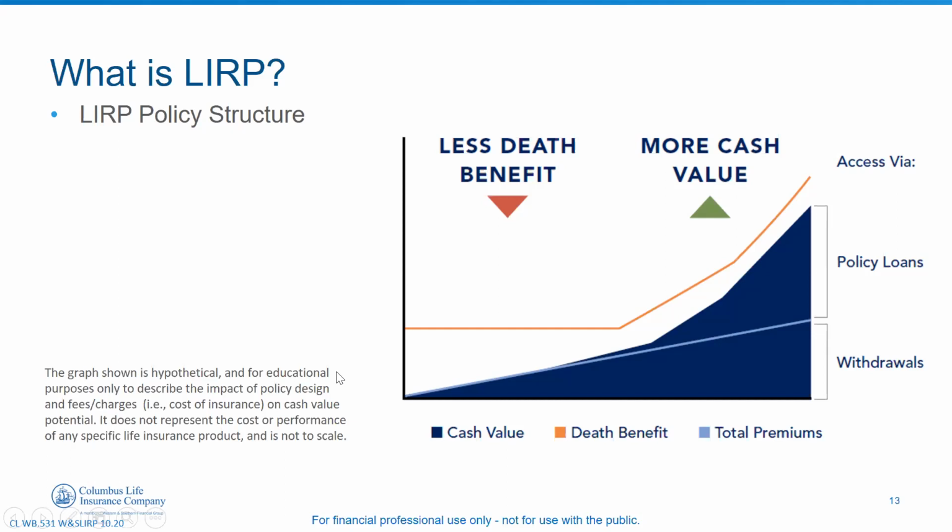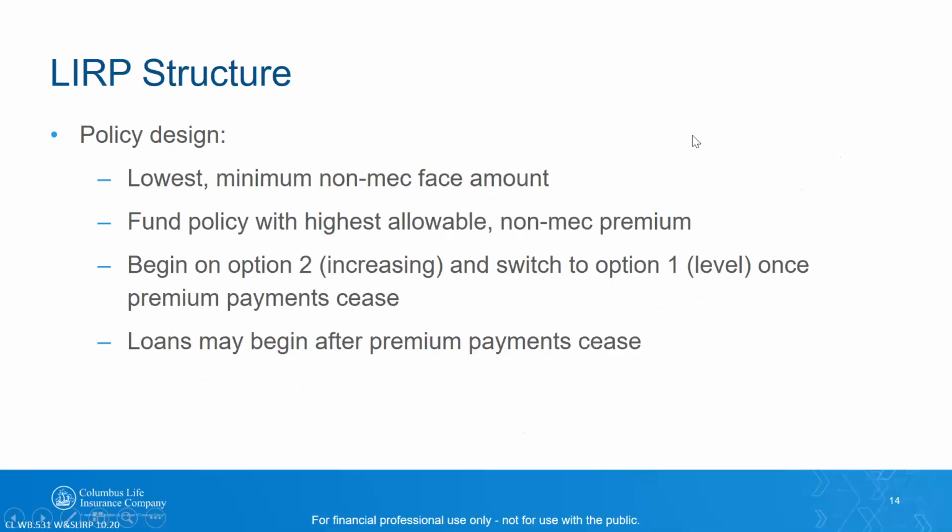What we're discussing today is a classic LIRP policy. There are some that can be designed in different ways to maximize different cash value, but this is just going to be a traditional LIRP that we would do on our basic concept, or if you call in for a basic illustration. We're going to run the policy at the minimum face amount.